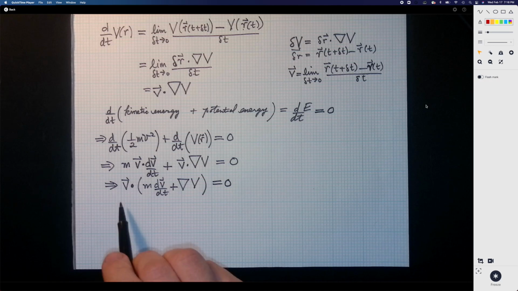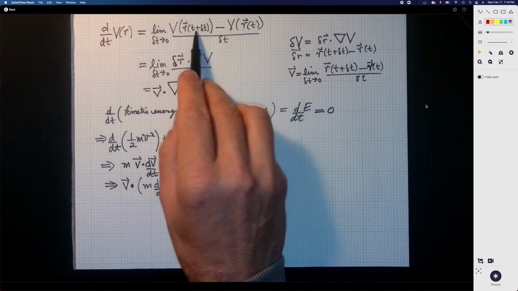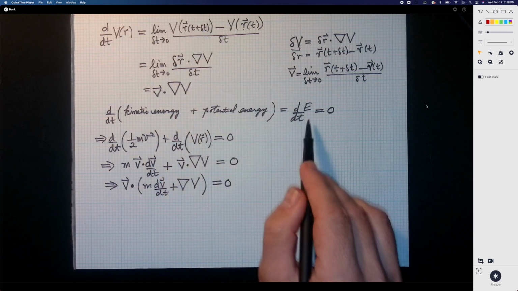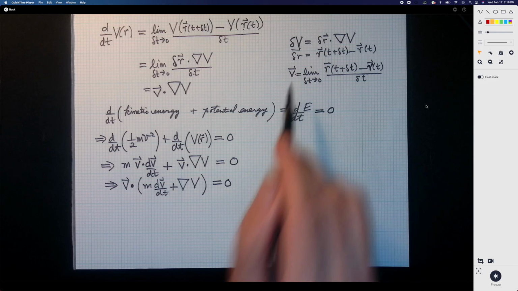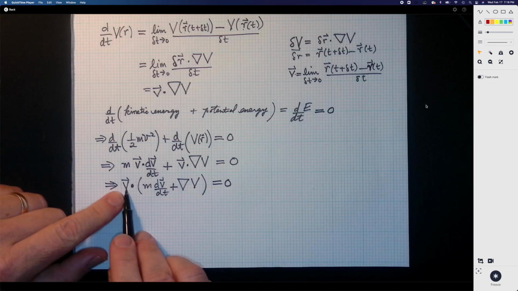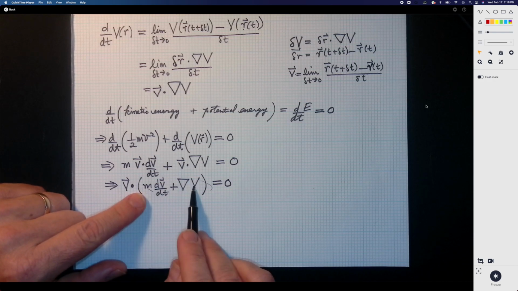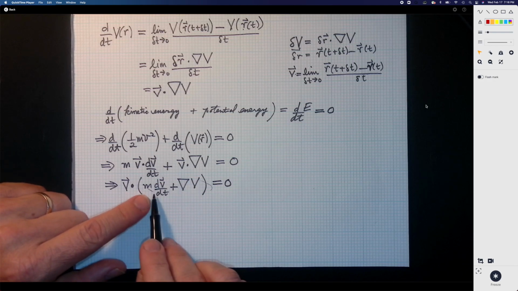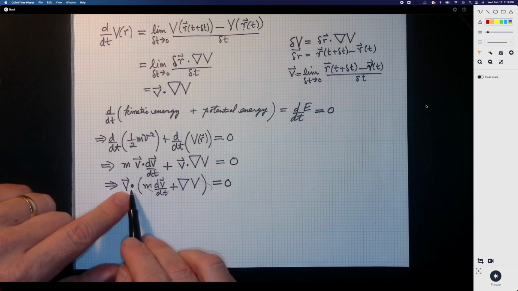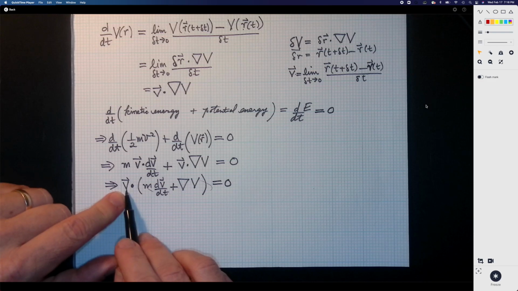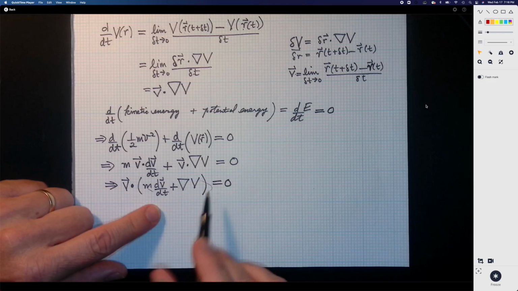Now we didn't specify how this point r moves in time. It can move in any old way. So this velocity vector is an arbitrary velocity vector. And so if this dot product of this arbitrary velocity vector with this vector, which is the gradient of the potential plus m times the acceleration, is going to be 0 for any v, then the only way this can happen is if the quantity in parentheses is itself equal to 0.